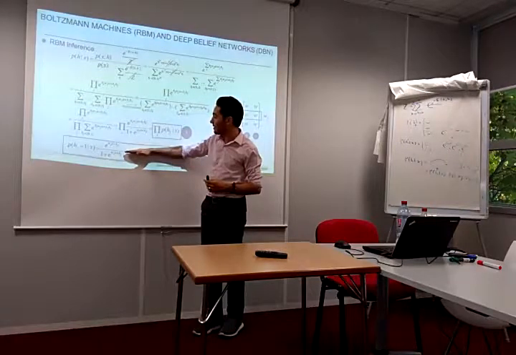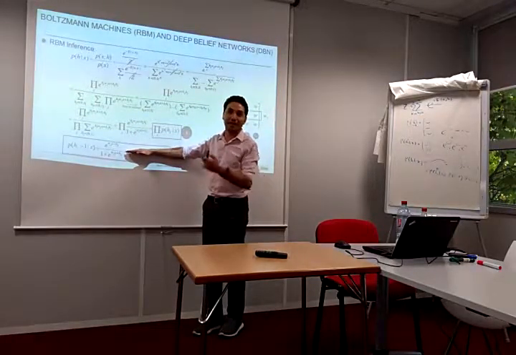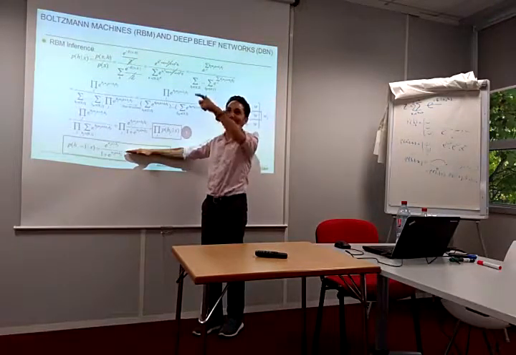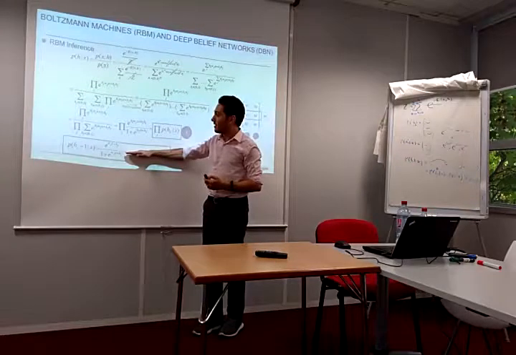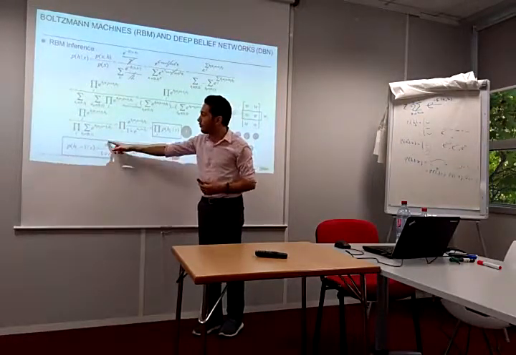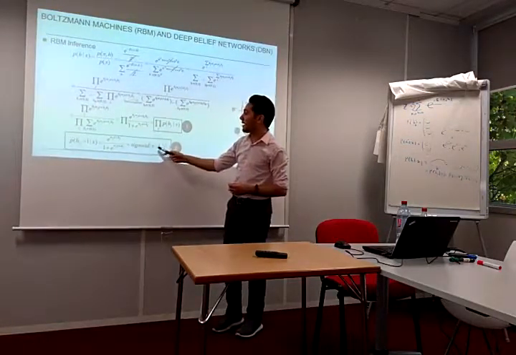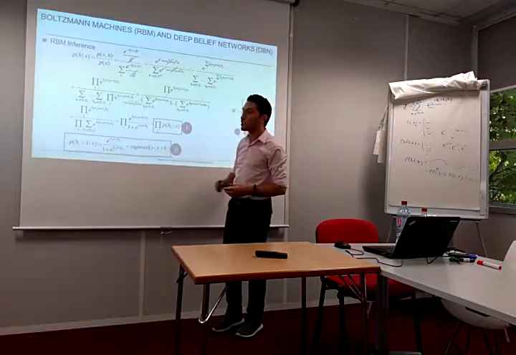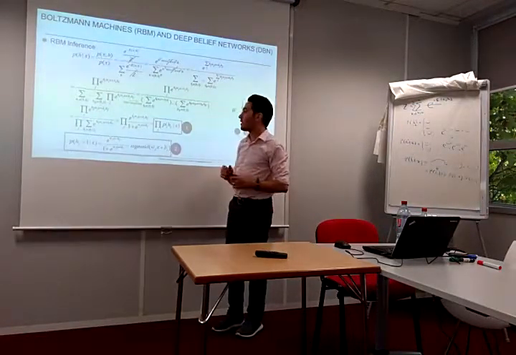Sigmoid of what? If you don't see the font, tell me the thing that is above the e. Yeah, exactly. So it is sigmoid of what's here. So it is sigmoid of wj x plus bj, which is a very valuable conclusion.